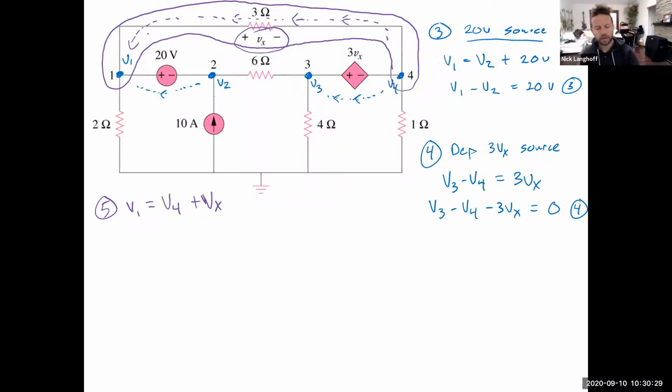So V1 is equal to V4 plus Vx. We need to write all the variables on the left side of the equation, all the constants on the right. So this would be V1 minus V4 minus Vx is equal to 0. And that's equation 5.